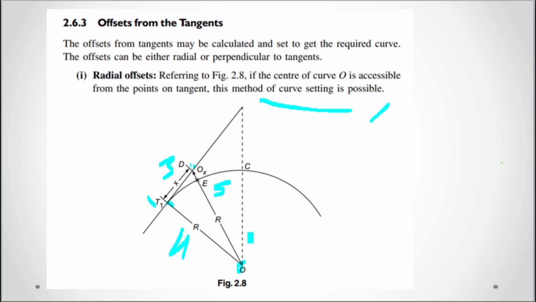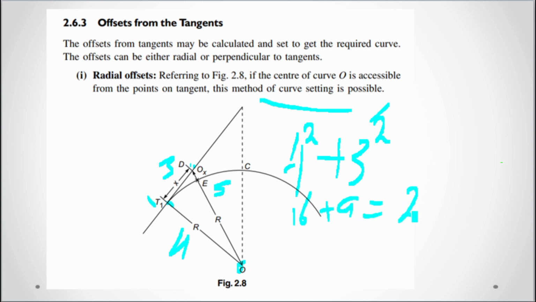So 4 squared plus 3 squared, using a calculator, is 16 plus 9, giving a total of 25. That proves that 4 squared plus 3 squared is equal to 5 squared. That's a simple concept.